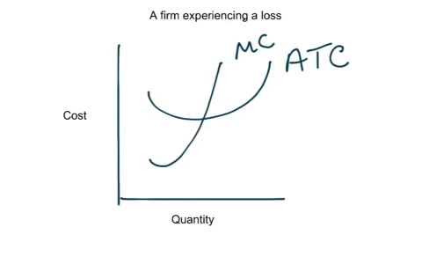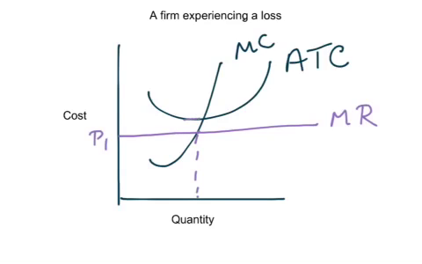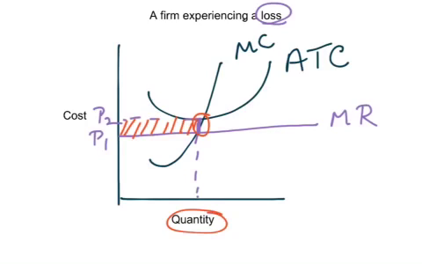So at this point, marginal revenue, what we're seeing here is the marginal revenue curve is crossing the marginal cost curve at a price that is below their ATC. So this part right here, this vertical distance, is their loss. If we want to figure out the total loss, it would be this whole box, which is the per unit loss times the quantity produced at point of profit maximization.